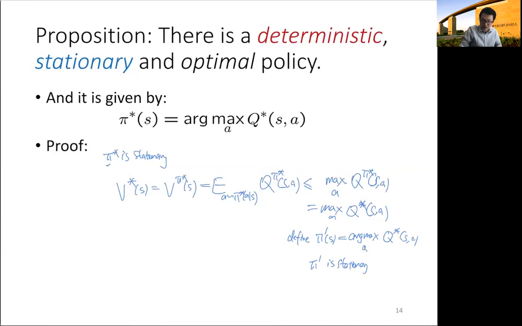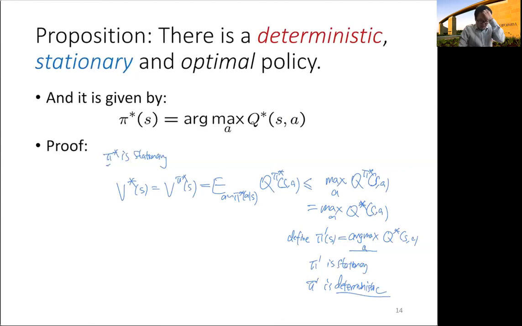And since this Q star is constructed with a stationary policy pi star in the first place, and pi prime is also deterministic because we're taking the argmax. If there is a tie, then we can just break those ties arbitrarily, say by picking the one that comes first, so it remains a deterministic policy.